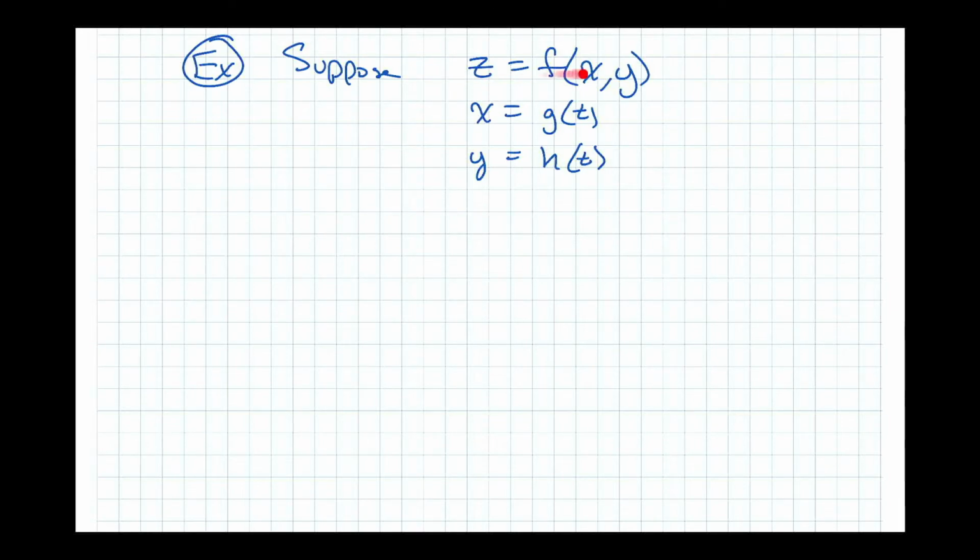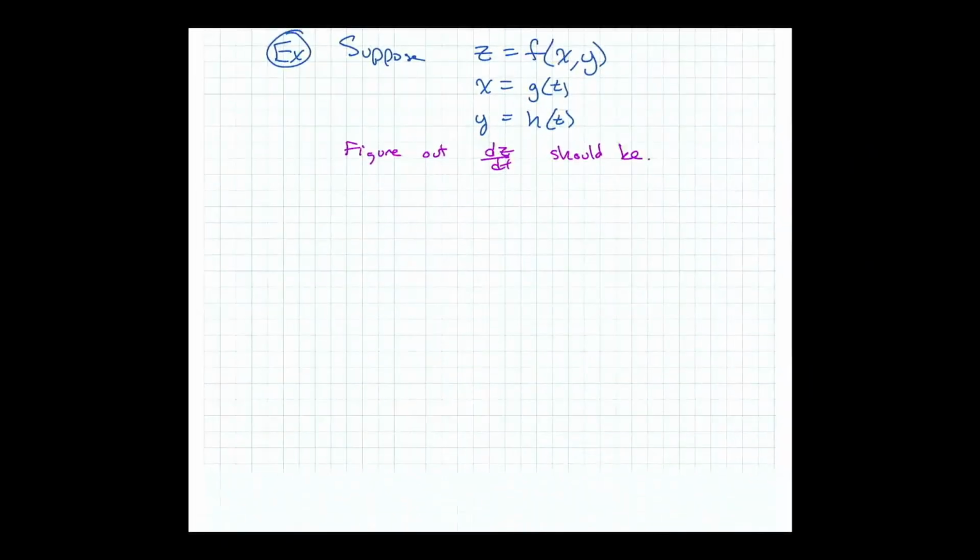So the way you start figuring out these derivatives, let's say we want to figure out what dz/dt should be. We already know it because that was the formula that we had worked out, but we're going to do this instead. So here's how you start out. You start out with z as a function of x and y.